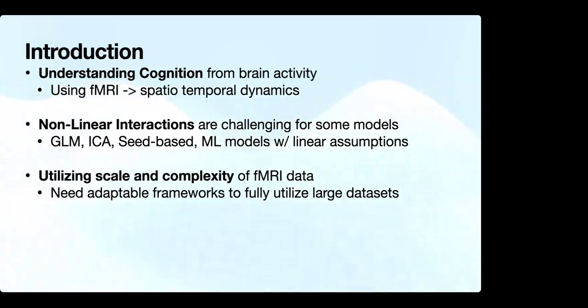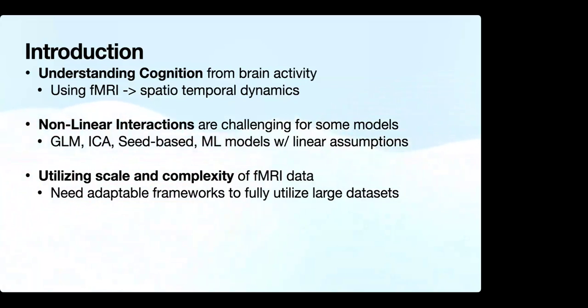So fMRI is commonly used, and why this kind of problem is non-trivial when working with fMRI data is because fMRI data is high dimensional, and it also has a spatial dimension as well as a temporal dimension. So when working with these spatio-temporal dynamics, it can make the problem complicated, and it can also present these complex relationships across space and time.